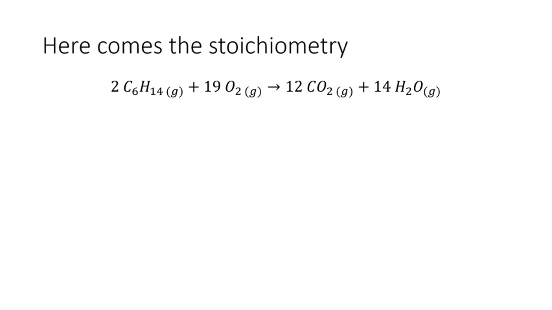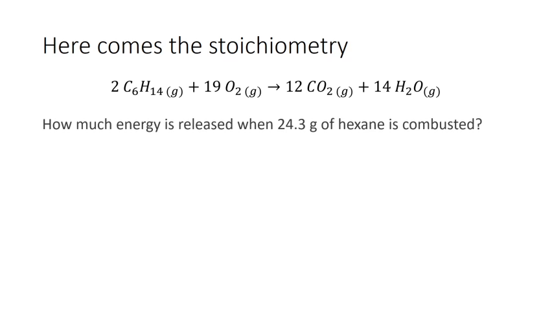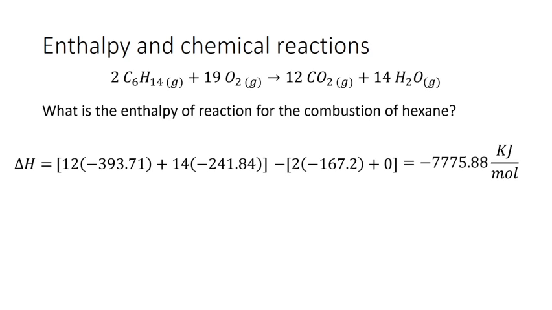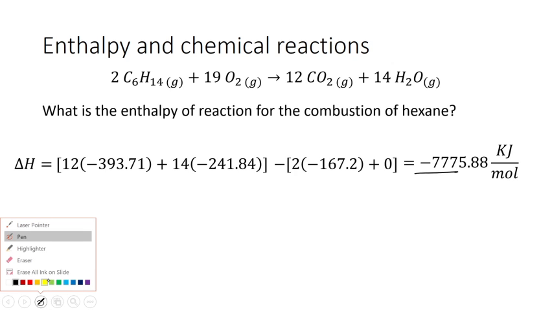So we have our same balanced chemical equation, and now we have a new question. How much energy is released when 24.3 grams of hexane is combusted? Remember when we looked at delta H previously? It had a negative value, so we know that this is exothermic, so we know energy is being released.